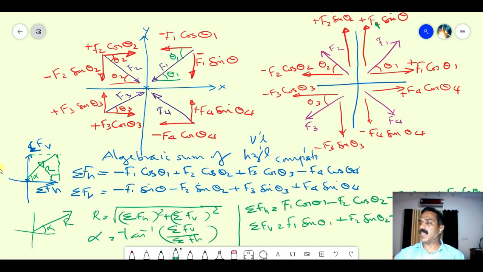So these are the equations for sigma Fh and sigma Fv. That is, in this case the components will be different, the sign will be different. So we have found out this one.